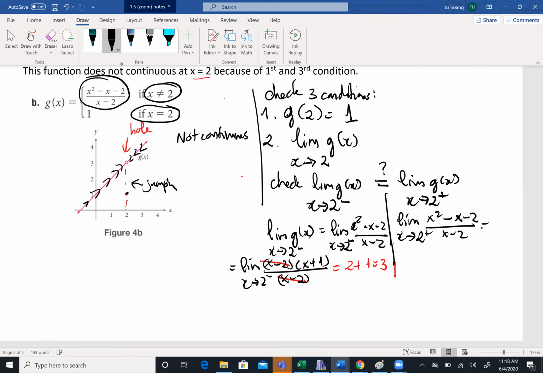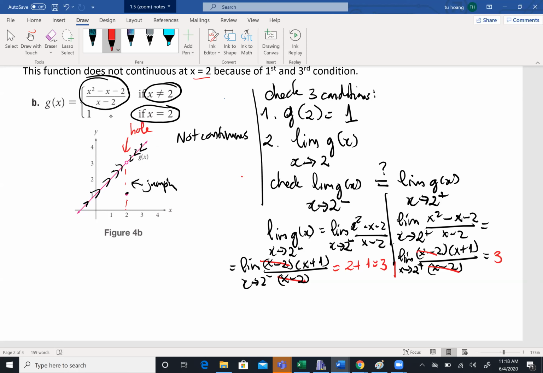And it should also be the limit of (x minus 2)(x plus 1) over (x minus 2) again, for x going to 2 from the right-hand side. And again, you can still cancel the common factor between top and bottom to get x plus 1, and then you just directly substitute to get 3. 2 plus 1 is 3.